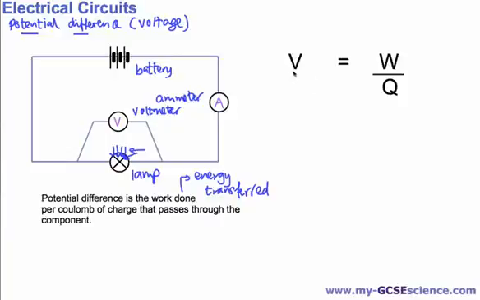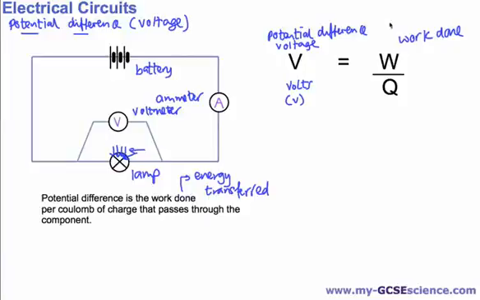Now let's have a look at the formula for working that out. So it goes like this: V equals W over Q. V actually stands for potential difference, or you could say voltage, and the unit is volts. W is work done, and remember, very importantly, that just means energy transferred.